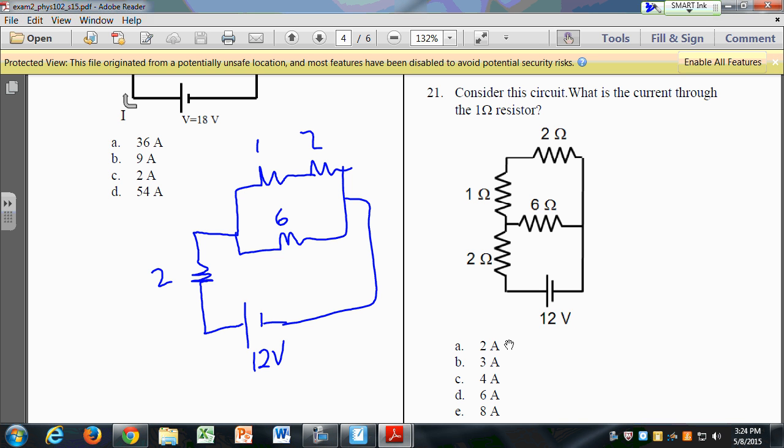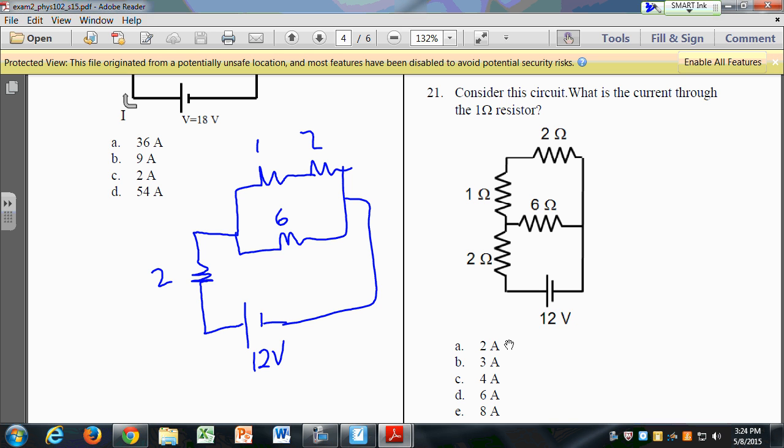Really messy, just like I do it. And then you want to know the current through the 1 ohm resistor. Now hopefully you can just look at this. You can say I have a 6 and a 3 ohm resistor right here. Those combined give me 2 ohms, right? Because 1 over 6 plus 1 over 3 is 1 over 2, inverse of that is 2. So this is 2 ohms and 2 ohms, I have 4 ohms total.